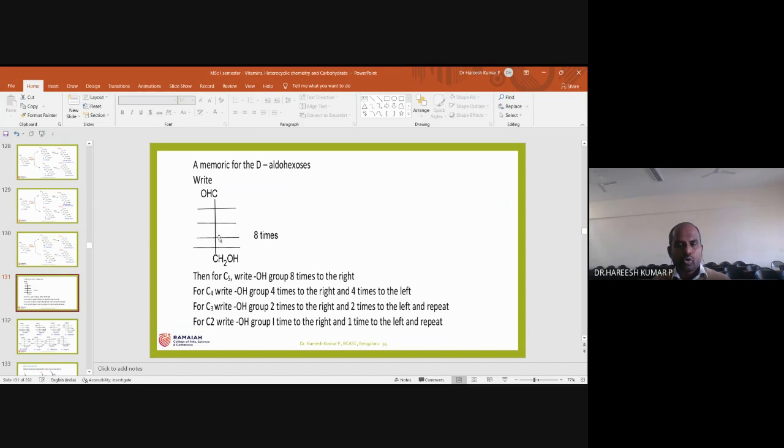So at the fourth one, OH on the right hand side 4 times and left hand side 4 times. First write OH right hand side at the fourth carbon atom 4 times. Next 4 you write on the left hand side.